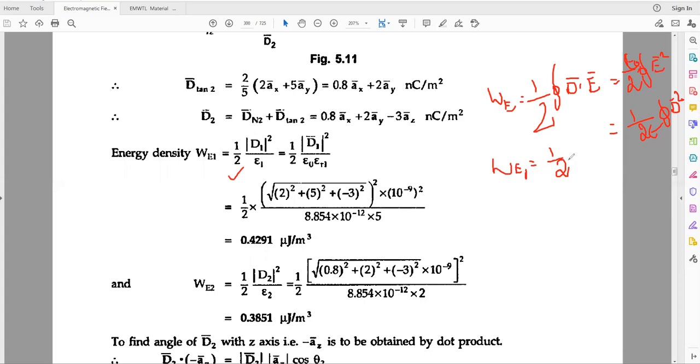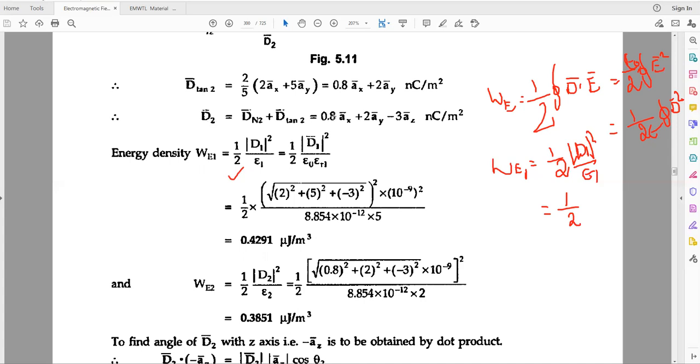So WE1 means magnitude of D1 bar squared, divided by the epsilon. That epsilon 1 is nothing but epsilon naught into epsilon r1. So 1 by 2, the D1 bar. What is the D1? The coefficients of AX, AY and AZ are 2 square, 5 square and 3 square.